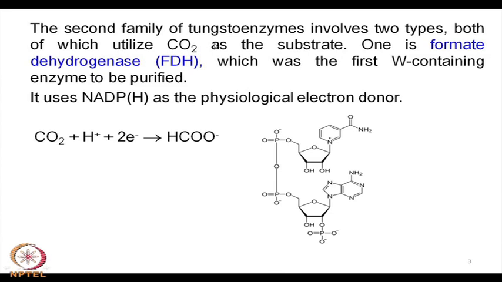So, when we have that formate dehydrogenase, which is FDH, it was first identified as the one particular enzyme where instead of molybdenum we have the tungsten center, and formate dehydrogenase is basically the transformation of the CO2 molecule to the corresponding formate anion and is a reductive pathway.